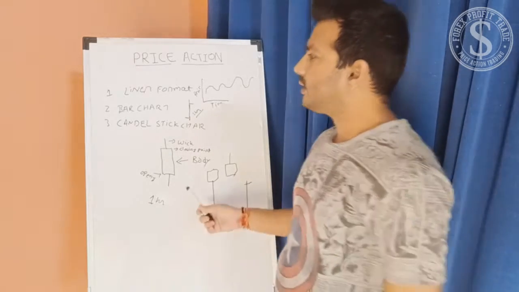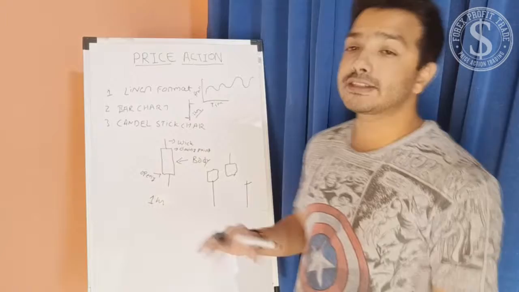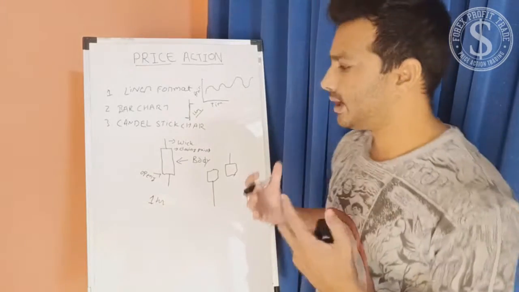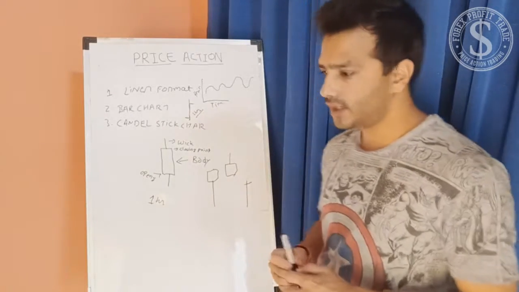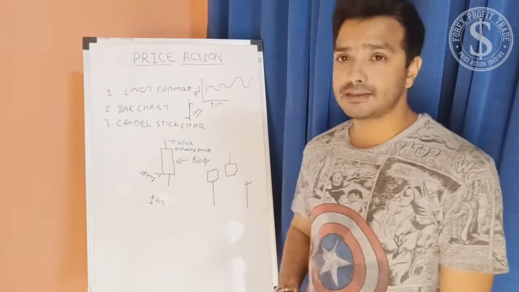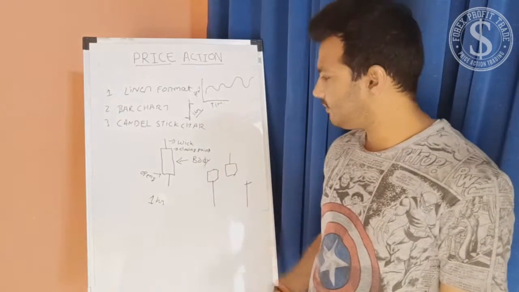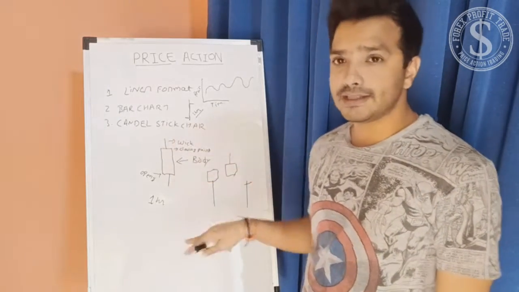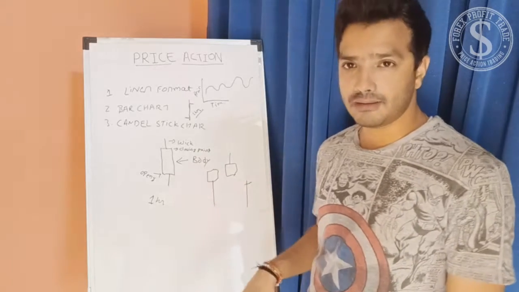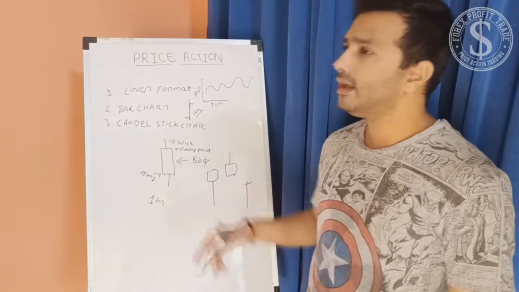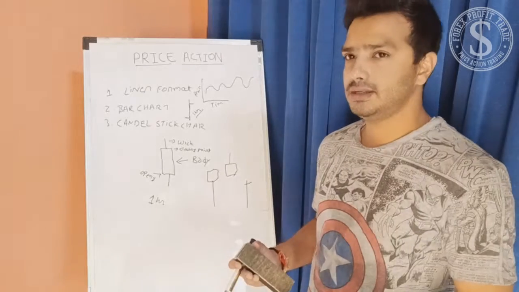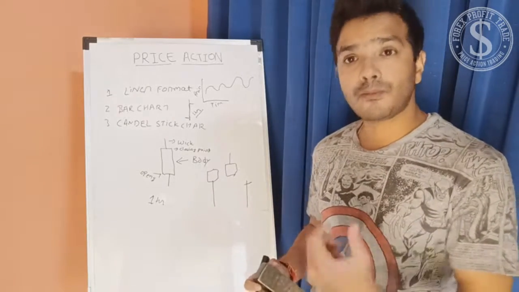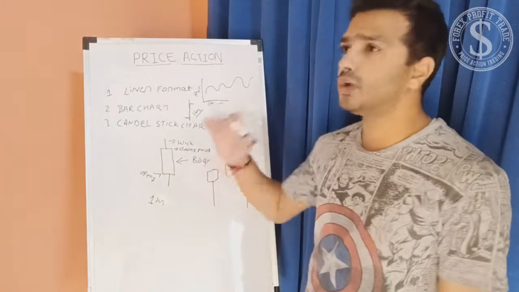But I want to tell you one thing, that all of those successful traders who are making serious money with trading always prefer price action trading over indicator based trading, because it tells you exactly what is going on in the market. What you need to become a successful profitable trader is to know what the market wants to tell you.